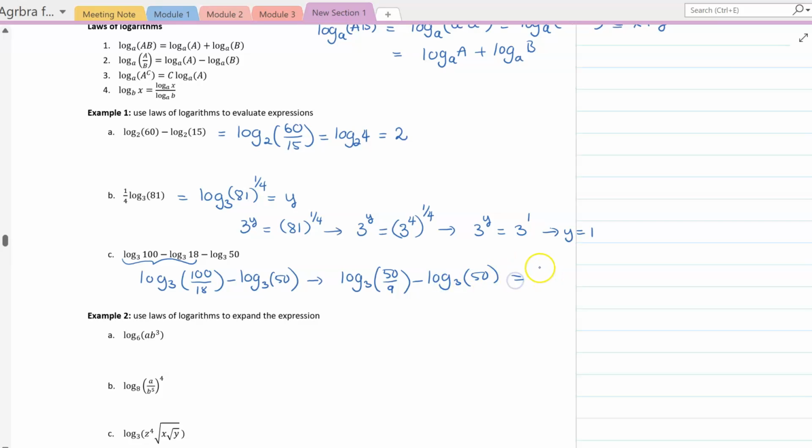So this is the same as saying log base 3 of 50 over 9 divided by 50. That is equal to log base 3 of 1/9. Let that equal y. 3 to the y equals 1 over 9, which means 3 to the y is equal to 1 over 3 to the second, so y equals negative 2 in this case.